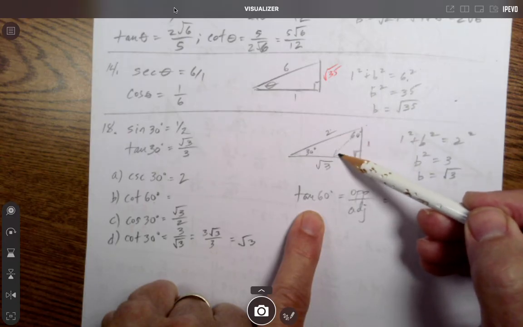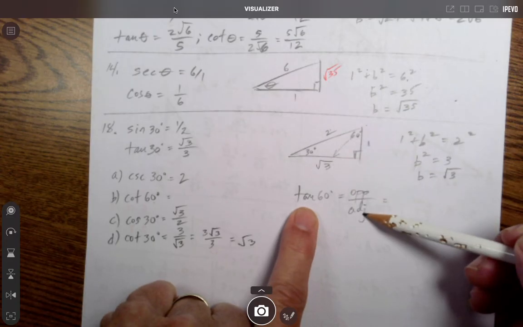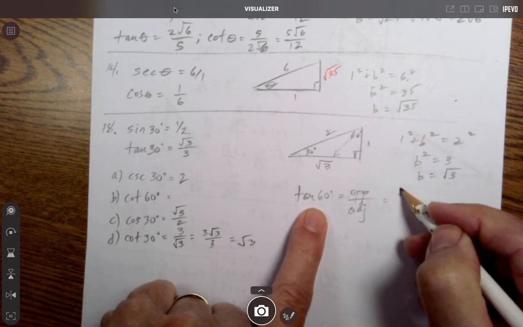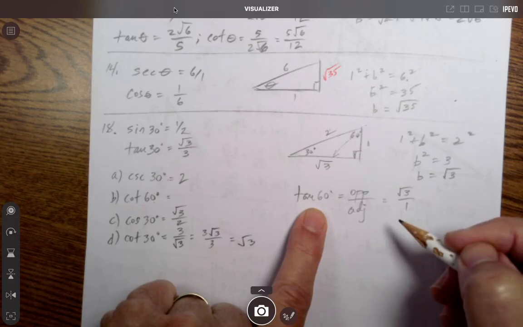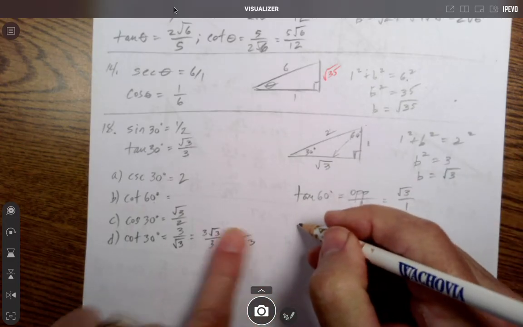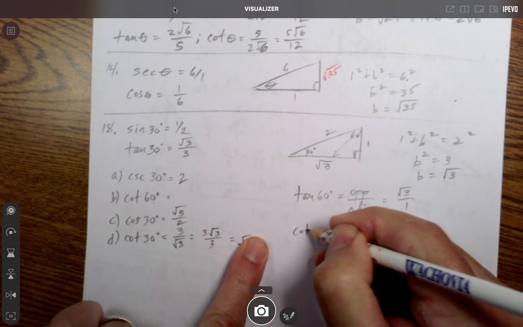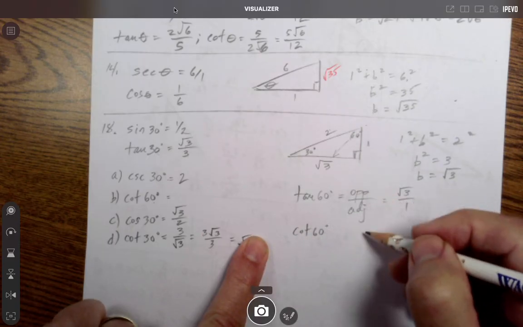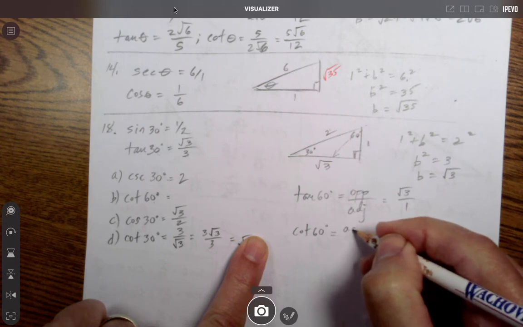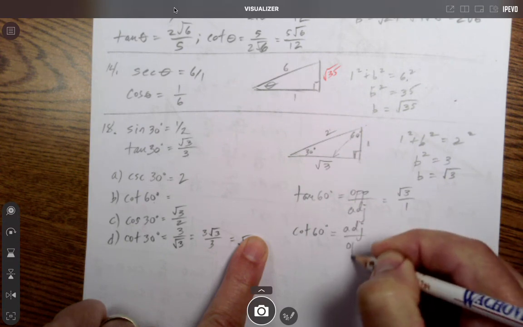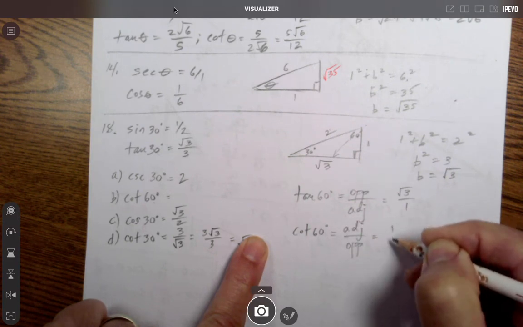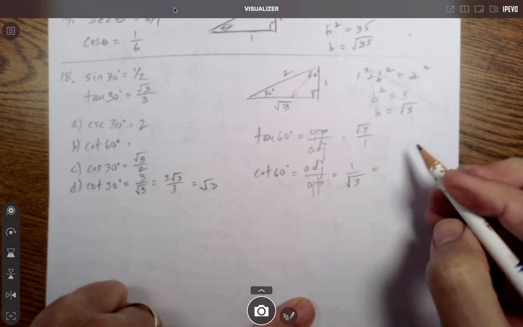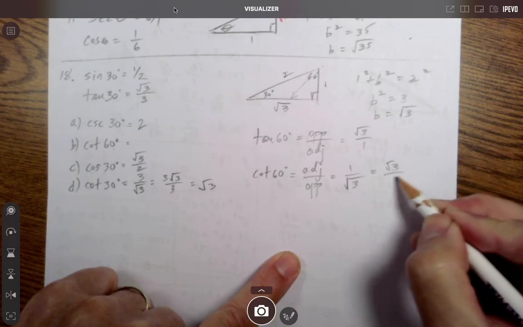Well, that side is, right? And what's adjacent to this? Well, 1 is. So this is the square root of 3 over 1. All right, now the cotangent of 60 is just the reciprocal of that. Now we could have just written that down if you knew it. So adjacent over opposite, which would be 1 over the square root of 3. And then you just got to simplify that. So that's square root of 3 over 3.